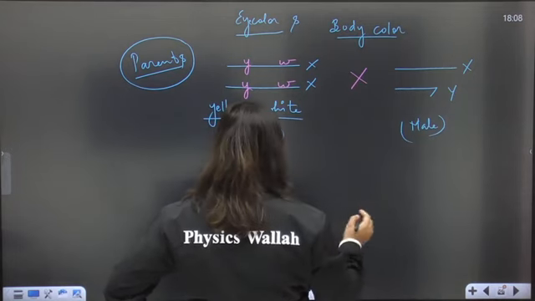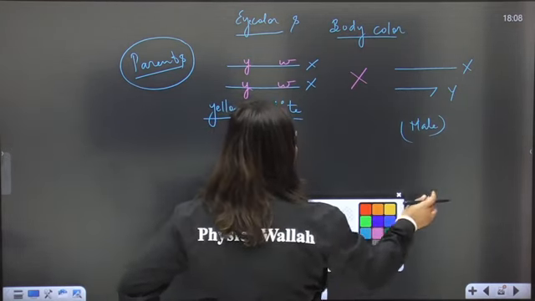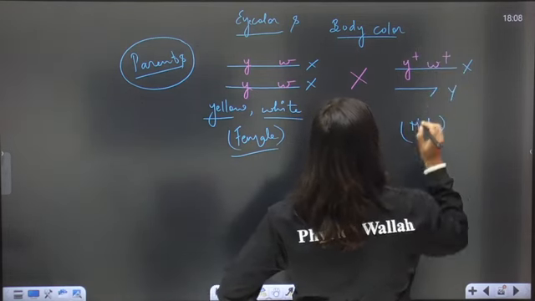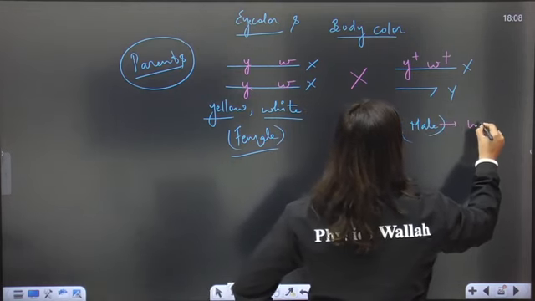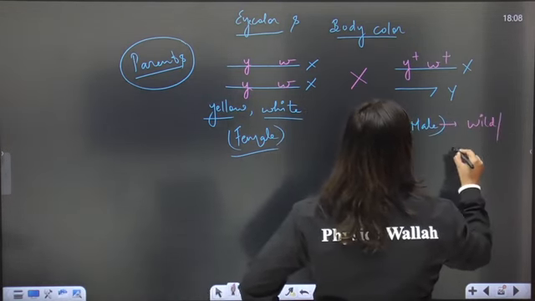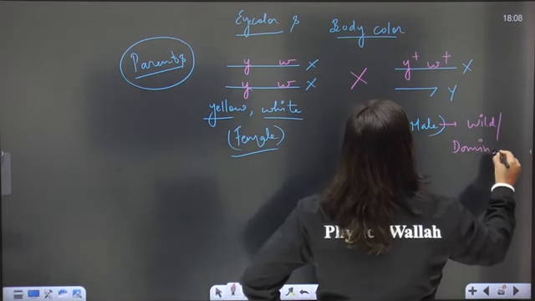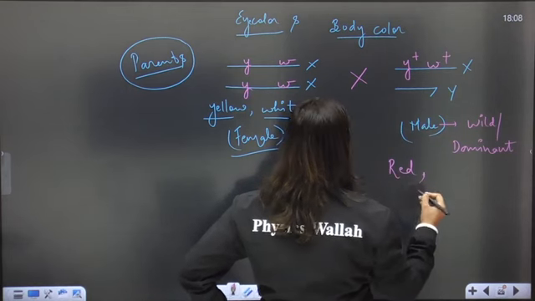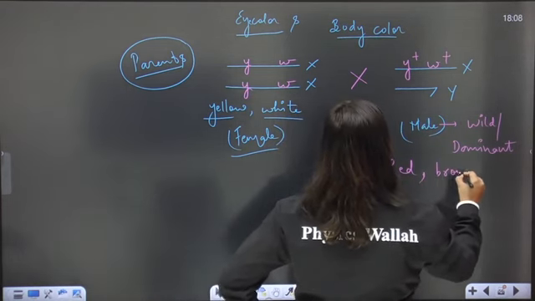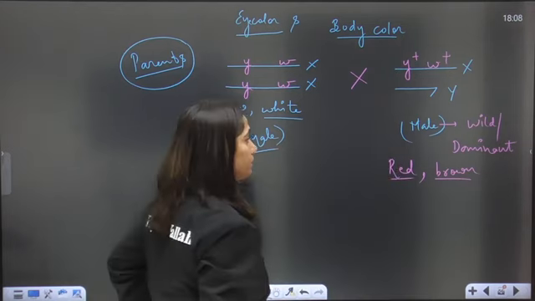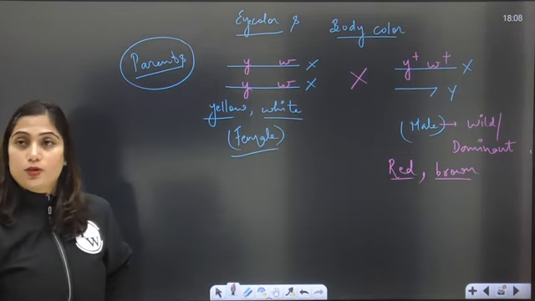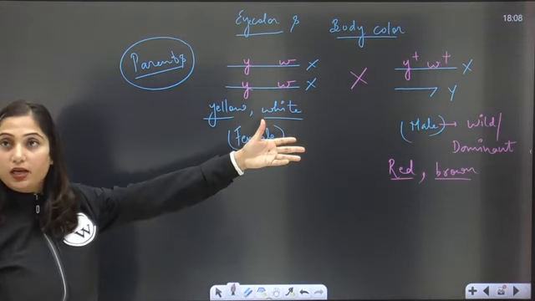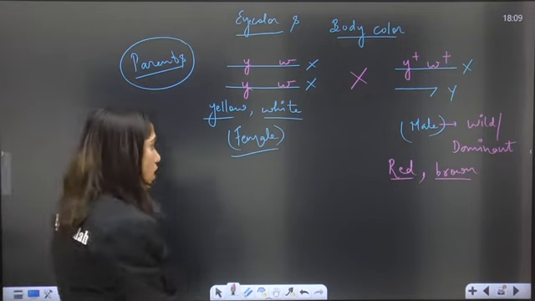The male he took was a dominant male, so y plus, w plus. So the male was wild or dominant, that means it is red-eyed and brown-bodied. So the female taken by him was recessive and the male taken by him was dominant.